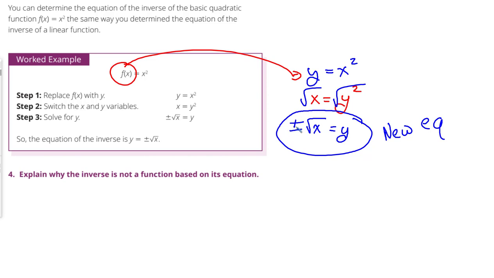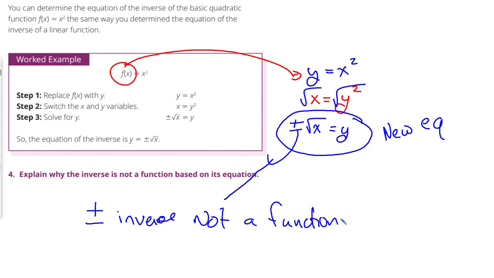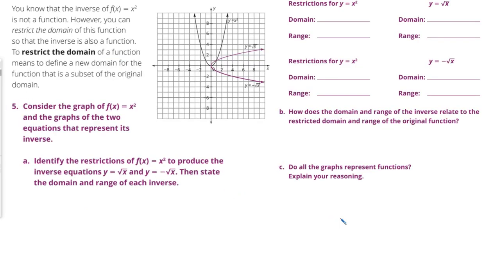But this is not an inverse because there's that choice, because there's that plus or minus. Because of that plus or minus, it is not a function. So we can restrict the domain and range in order to create the inverse. So if I was to create the domain and range, let's go with the square root of x.